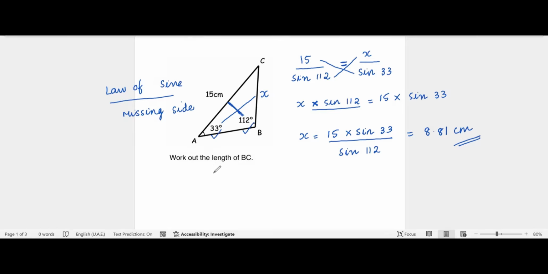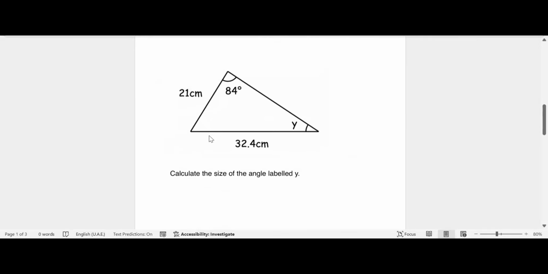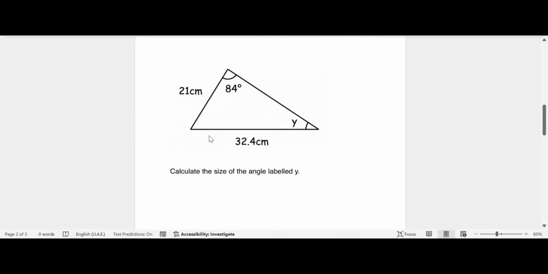Now let's move on to the next question, where we need to find out the missing angle. So this is question number 2.